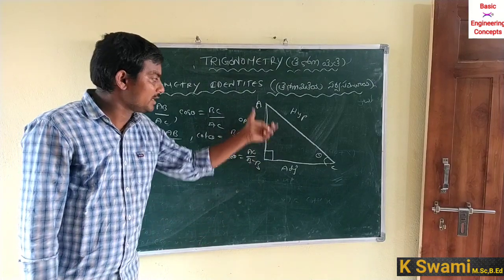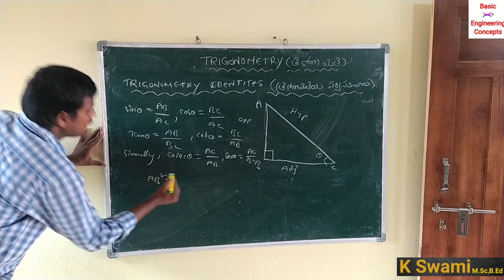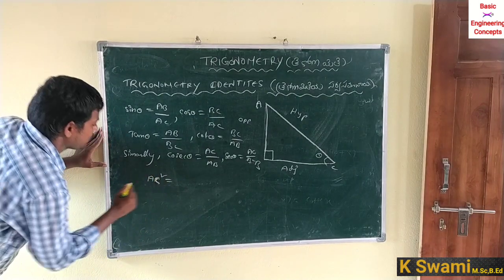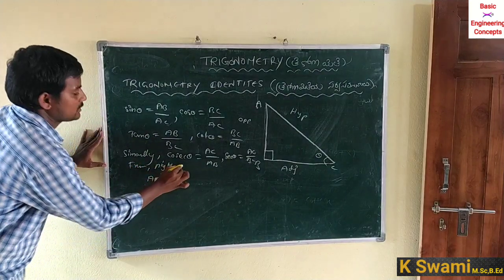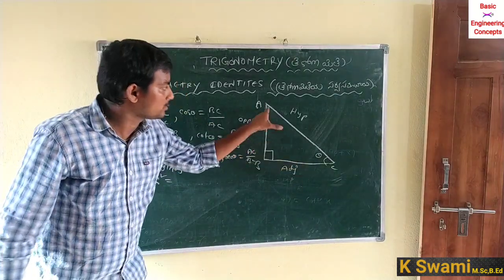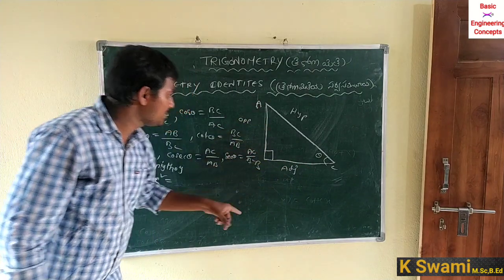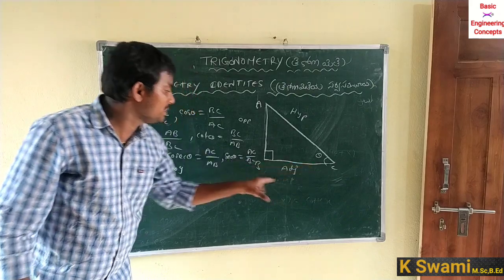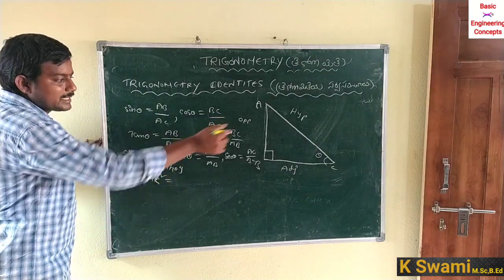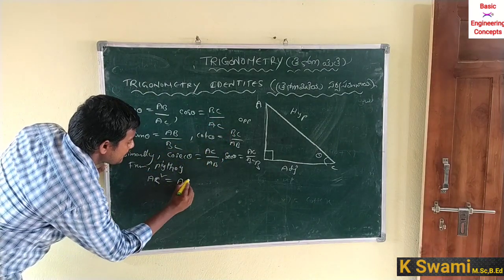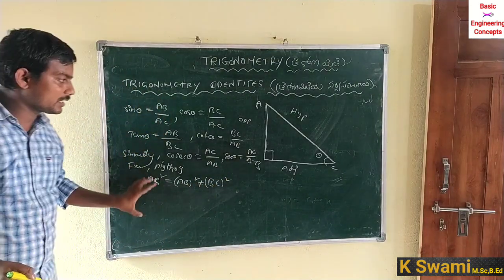We know from the Pythagoras theorem that hypotenuse square is equal to the sum of the squares of the other two sides.